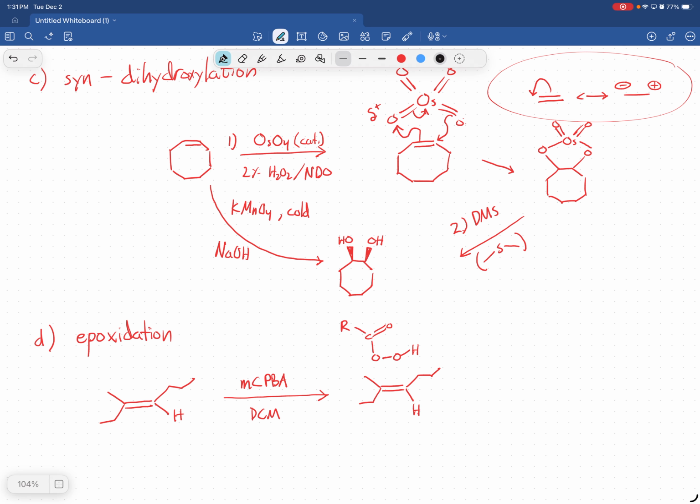So let's think of this structure right here. Sorry, it's all right. It's tough. All right, so remember this oxygen has a resonance structure where you have that. So my oxygen here is actually negatively charged. This one can be partially positive.